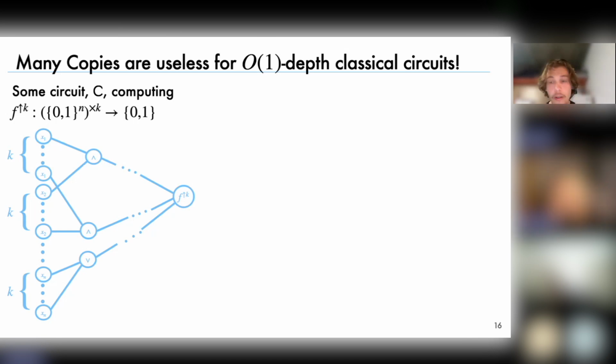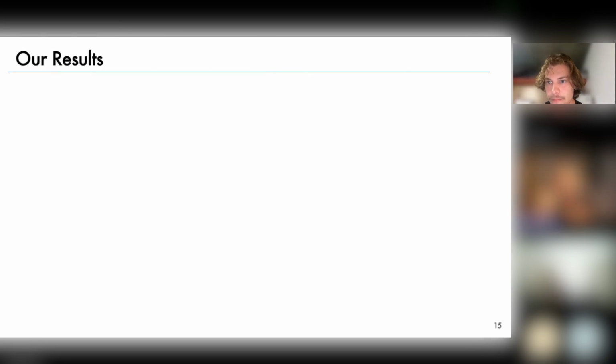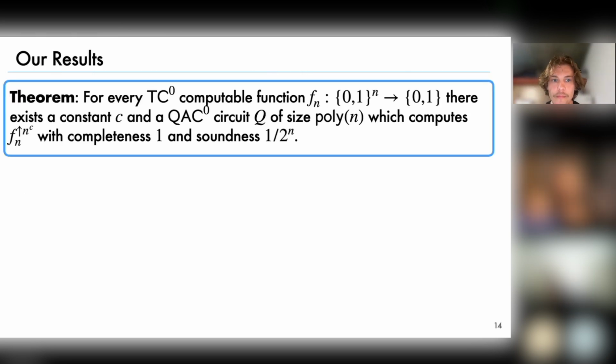I have one very basic question. If you're able to get completeness to be 1 on yes instances, suppose I have a function f and I define a function f that negates the output. You're saying you can get completeness for both of them. Because if f is TC0 computable, I'm sure the negation of f is also TC0 computable.